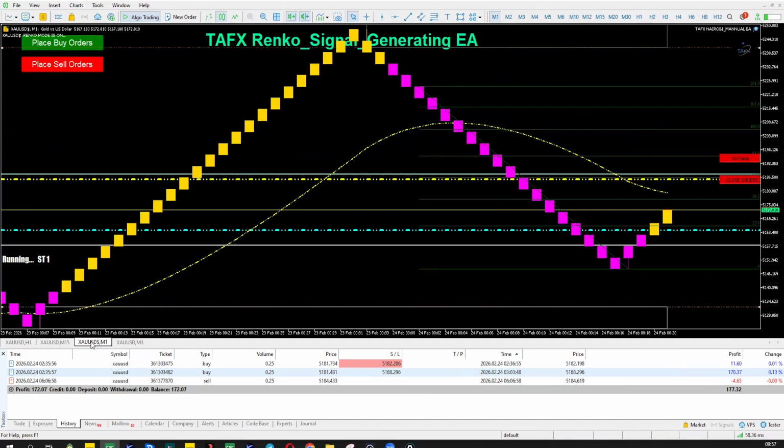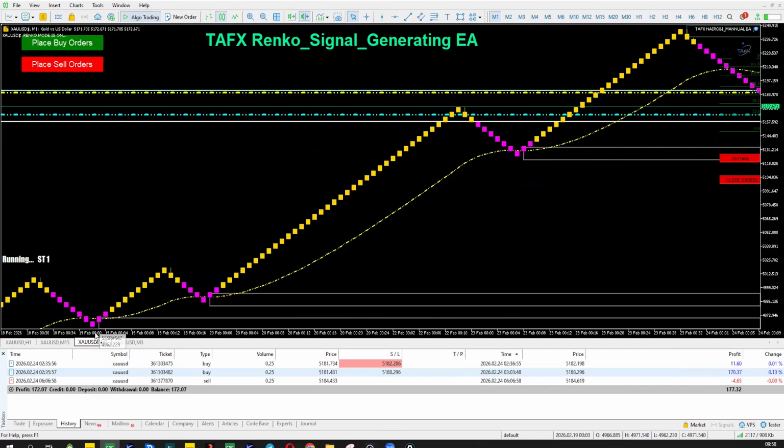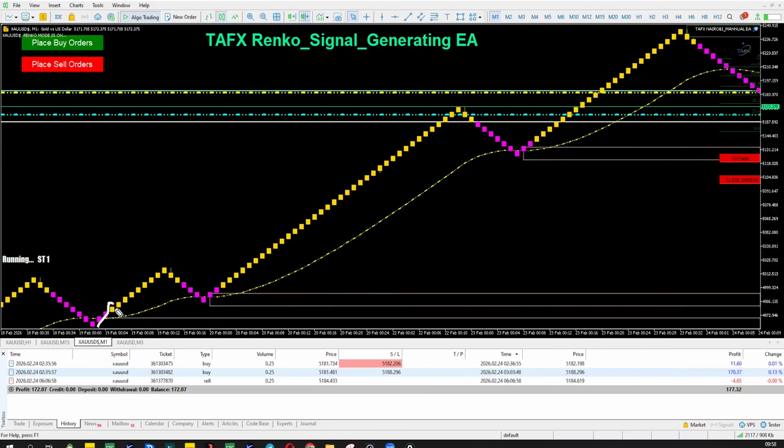And on our Renko chart, we're expecting something like this. All right, check here. The market came down here or down here, and moved up and formed this golden brick, the same thing we are seeing at this point.